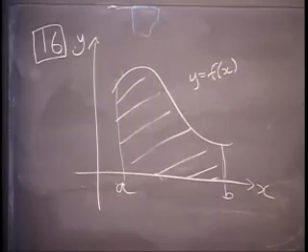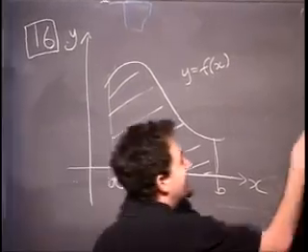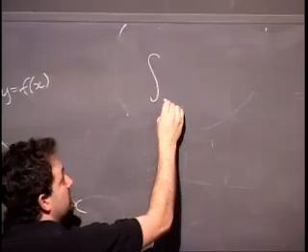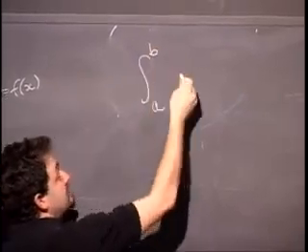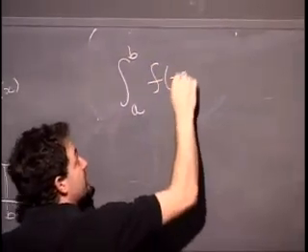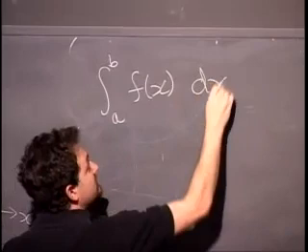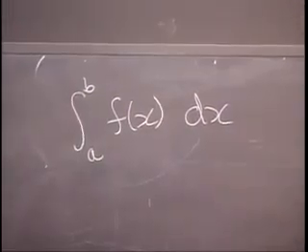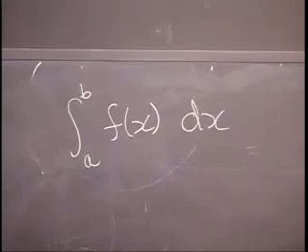Now, I've got to give it a name. I'm going to say this area is the integral from a to b of f of x with respect to x, dx. d dx is differentiate with respect to x. Here I'm integrating with respect to x.